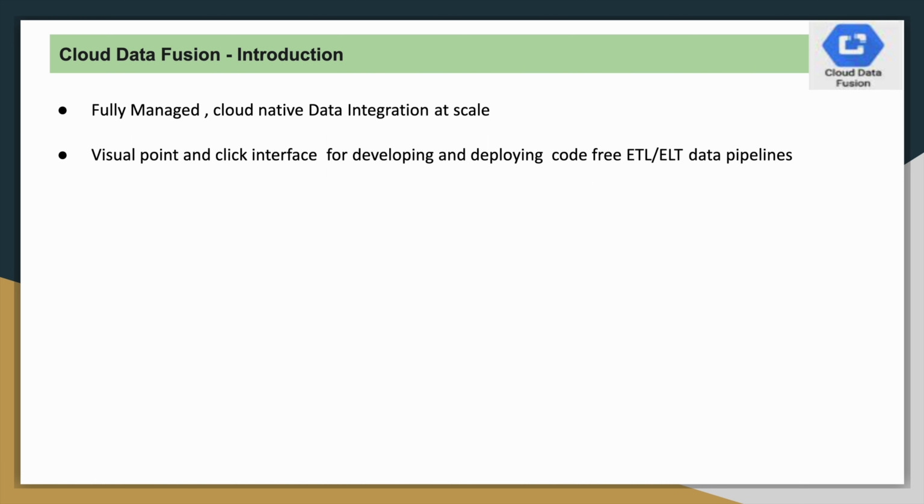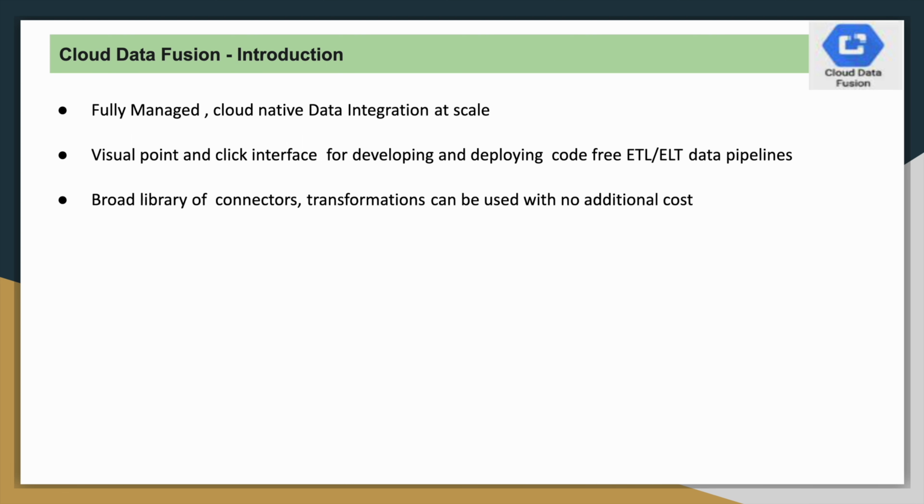So you can develop both ETL or ELT data pipelines using your Data Fusion environment, and it has a very vast and broad library of connectors. We will see the whole list of connectors when we perform the demos. It also provides a set of readily available transformations which can be used without any cost. Since it is a cloud native service, you can easily integrate other Google Cloud services with Cloud Data Fusion.